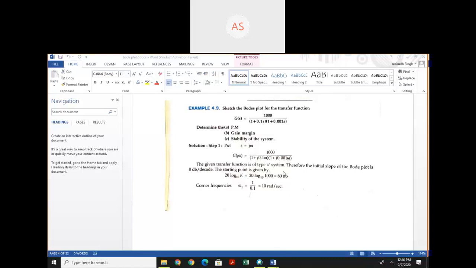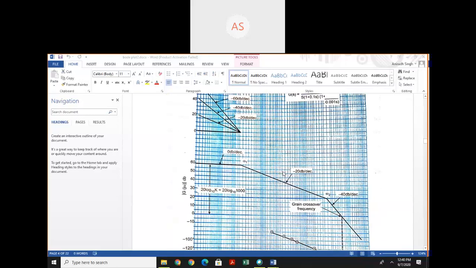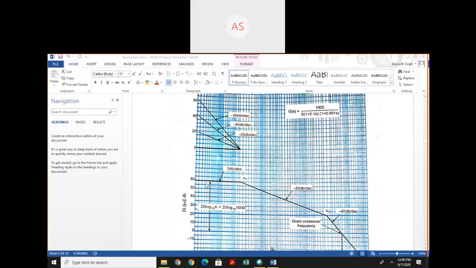So in the starting portion the plot is 60 dB parallel to the x-axis, and at each corner frequency there is a change of slope: plus 20 dB for a zero, minus 20 dB for a pole.